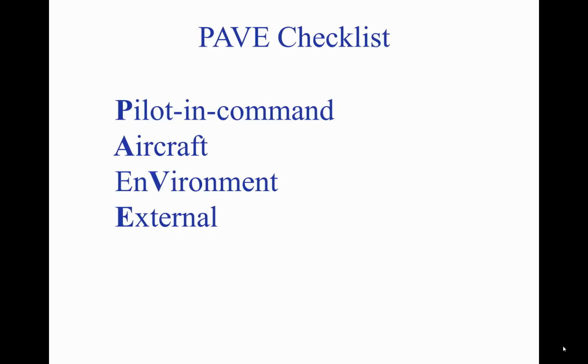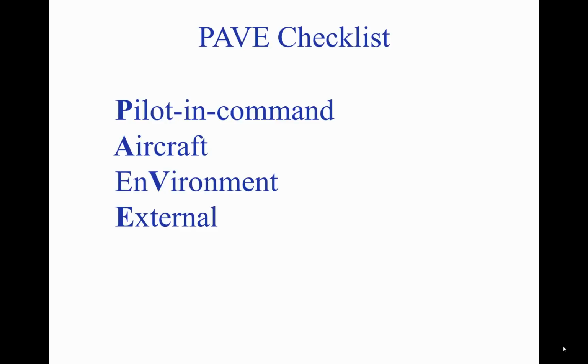With the PAVE checklist, pilots have a simple way to remember each category to examine for risk prior to each flight. Once a pilot identifies the risks of a flight, he or she needs to decide whether the risk or combination of risks can be managed safely and successfully. If not, make the decision to cancel the flight.